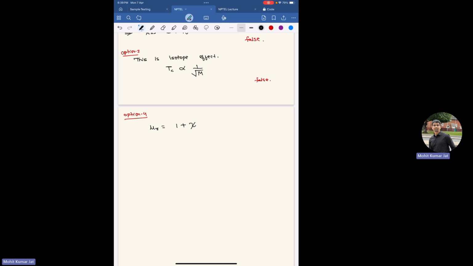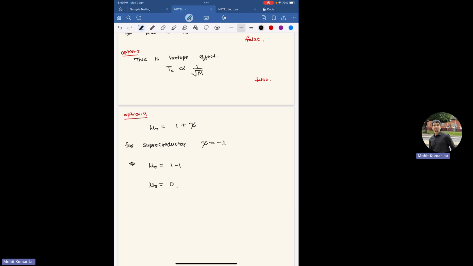And for superconductor, since we have already seen in option number 1, chi is equals to -1, that is perfect diamagnetism. This implies mu r is equals to 1 minus 1, that will be mu r is 0.